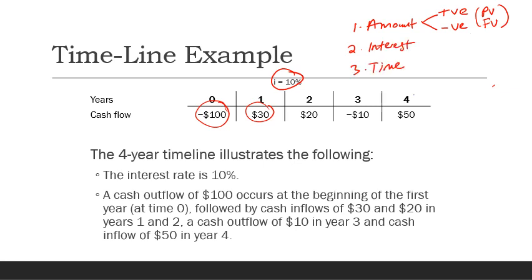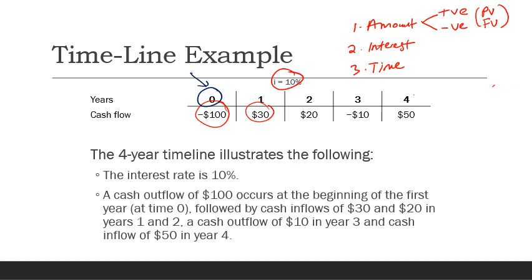Here in this case the time is 4 years: 0, 1, 2, 3, 4. Your timeline should always start from zero.